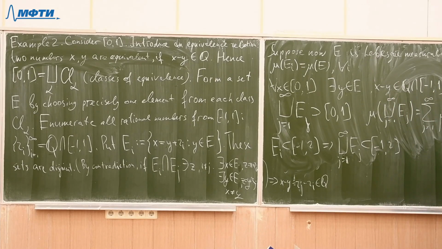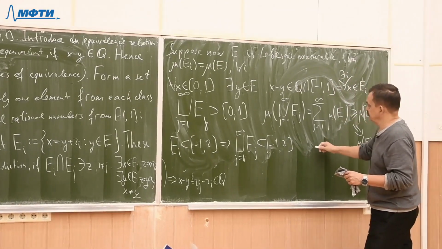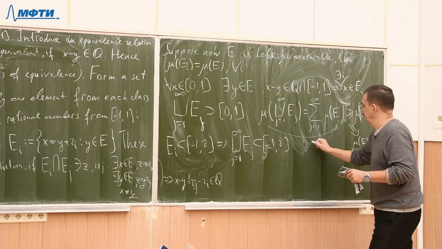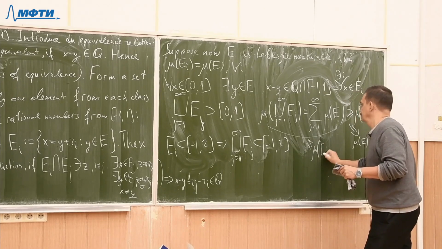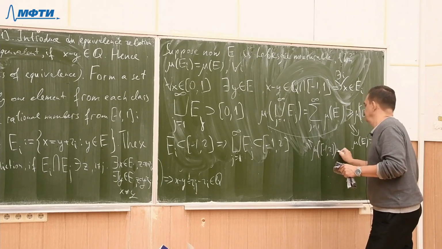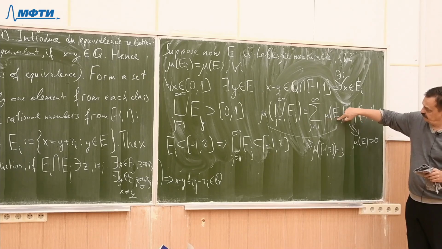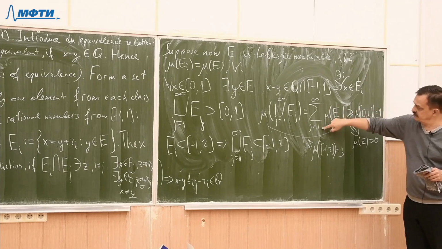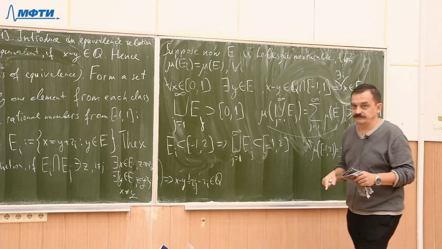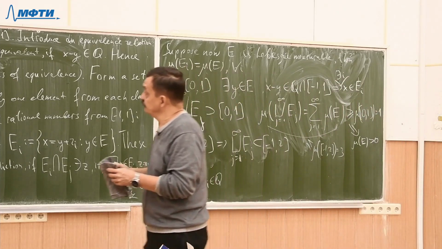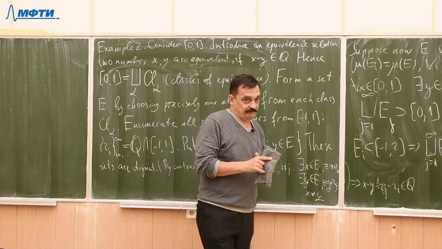Hence, we have a similar inequality, but now it is less or equal than the measure of [-1,2], which is 3. And look, if we have here a positive number, then the sum of this series is infinity. And that is a contradiction. So it proves that our set E is not Lebesgue measurable.